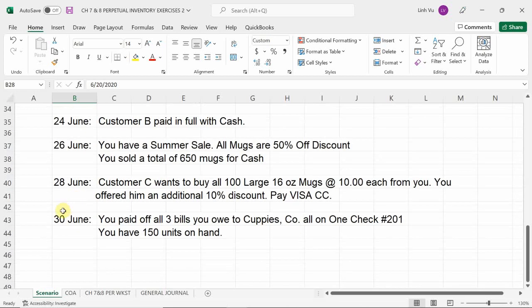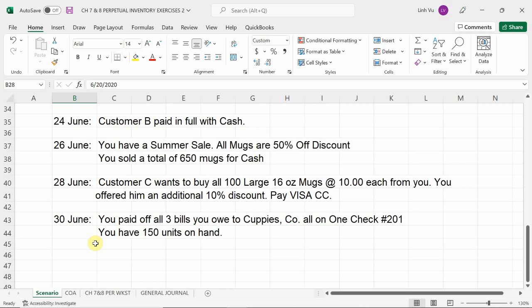So let's see what happened here on the 28th of June. Customer C wants to buy out all 100 of the large 16-ounce coffee mugs from us for $10 each. And of course, because they got rid of the inventory off your hands, you offered them an additional discount of 10%.